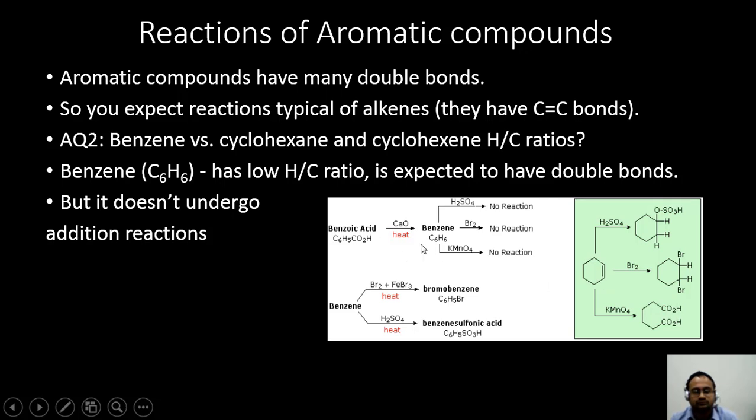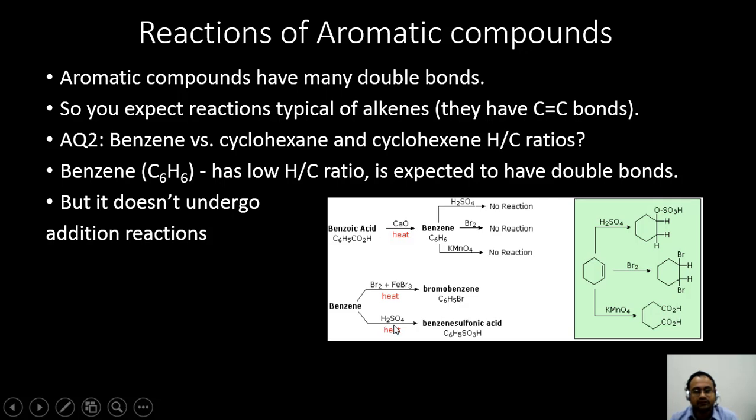These are the typical reactions of compounds containing double bonds, that is alkenes. But if you try to do the same thing with benzene, we find that it doesn't react with H2SO4, it doesn't readily react with bromine, and it doesn't readily react with KMnO4 or get oxidized very easily. But if you treat benzene with bromine along with a catalyst, ferric chloride, then instead of adding the bromine molecule as it does here, it replaces one of the hydrogens with a bromine atom.